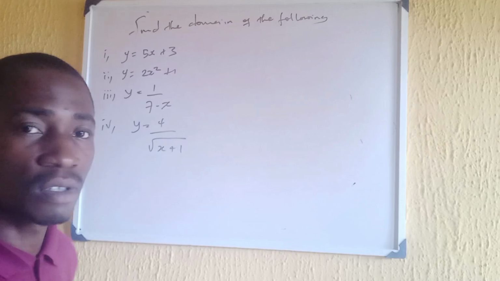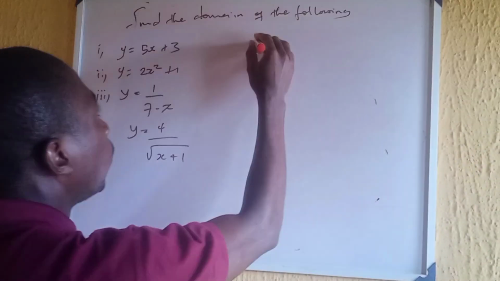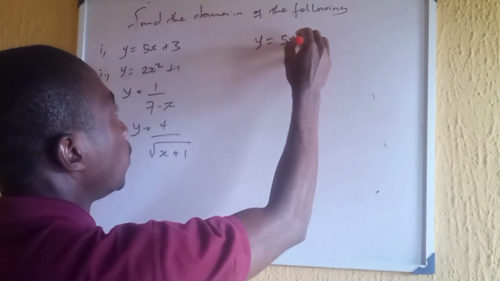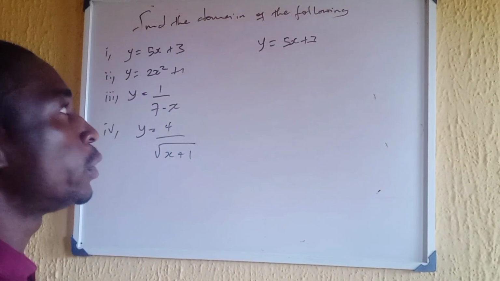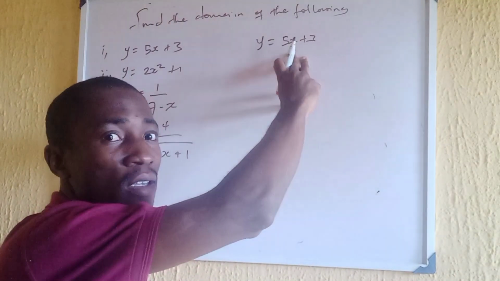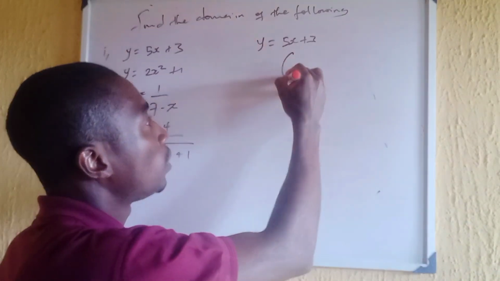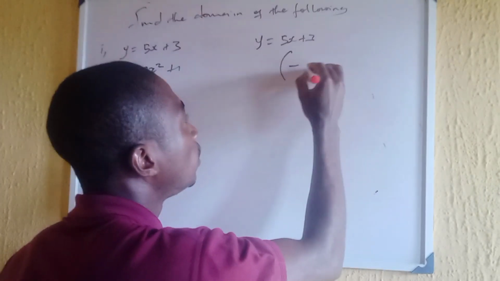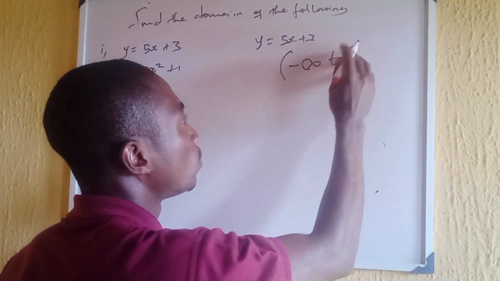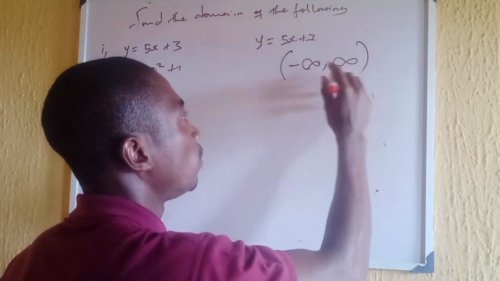undefined conditions. So for the first one, y equal to 5x plus 3, we cannot have an undefined condition here. Any value you put here will give you an answer. So the domain becomes negative infinity, comma, positive infinity.